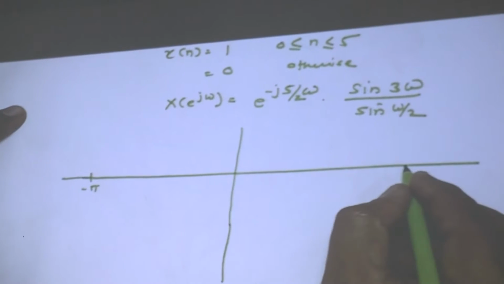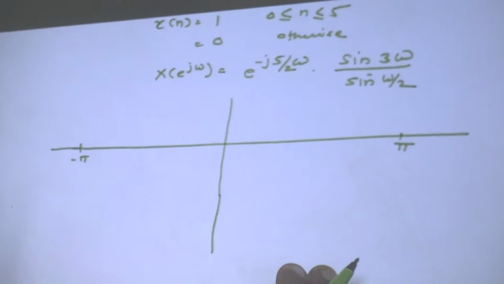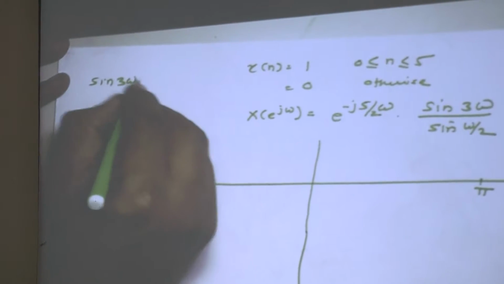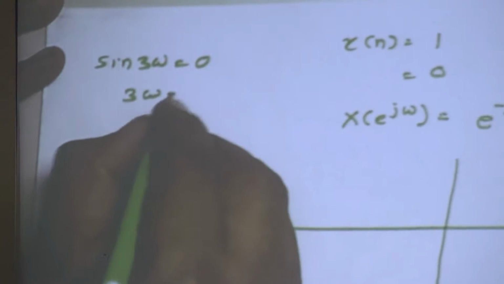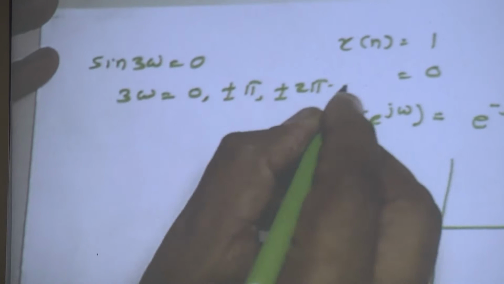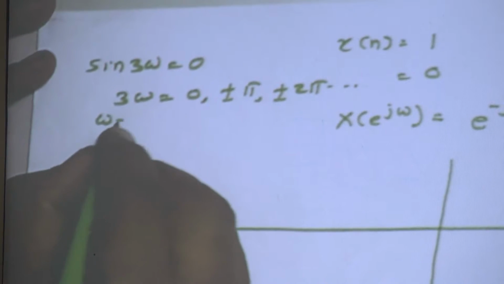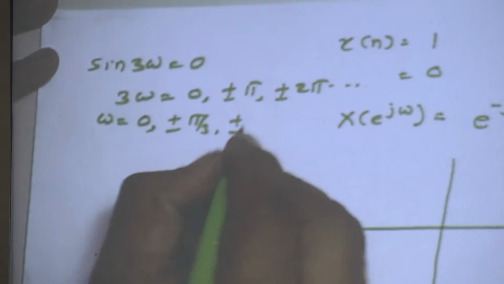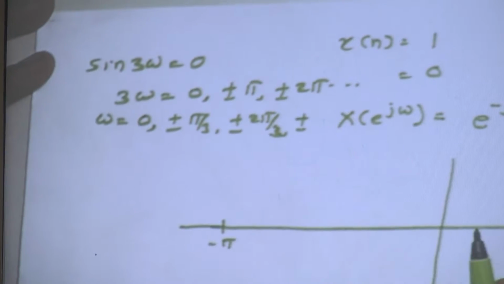Minus pi to plus pi, identify the regions. One more thing you must identify is, when will sin 3 omega be equal to 0? When 3 omega is equal to 0, plus minus pi, plus minus 2 pi and so on. So omega will be equal to 0, plus minus pi by 3, plus minus 2 pi by 3 and plus minus 3 pi by 3, which is pi.